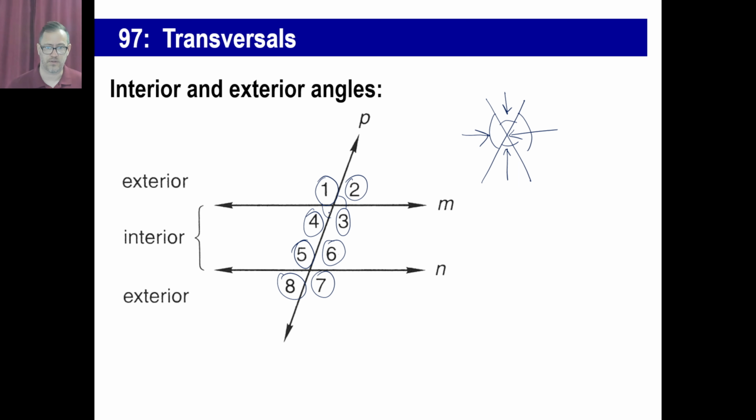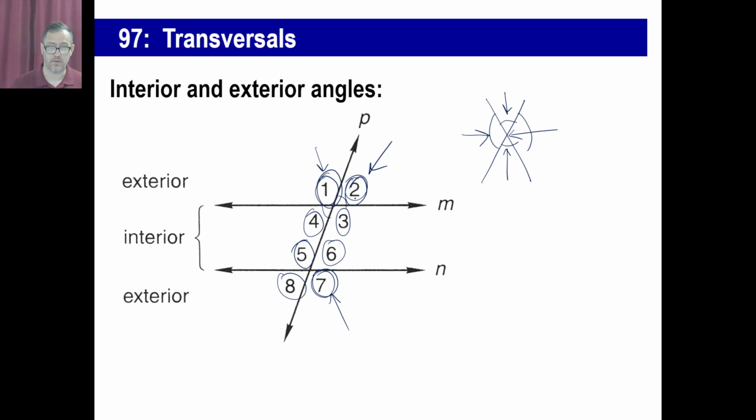So you could look at this and go, well, 1 is equal to 5, but also 1 is congruent to 7 as well, because since 1 is the same thing as 5 and 5 is the same as 7, you could say, oh, this is equal to 7. You could also look at 2 and say, well, we know 2 is equal to 6, but 6 is also equal to 8.